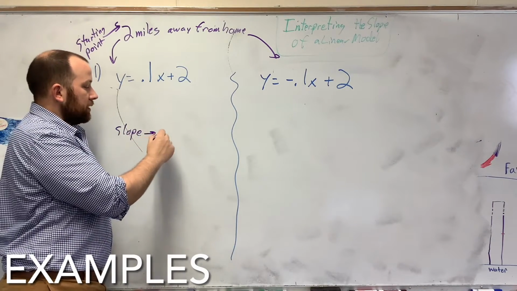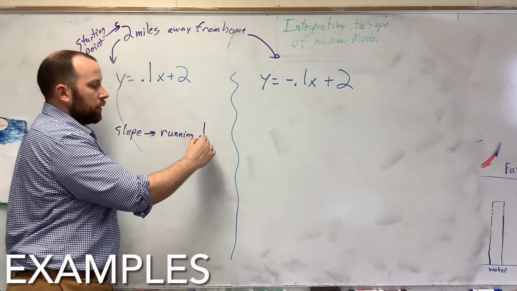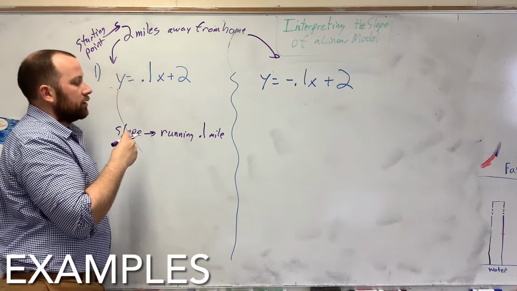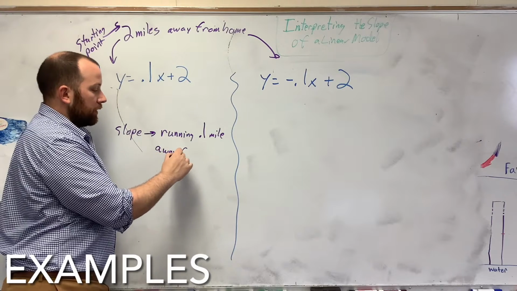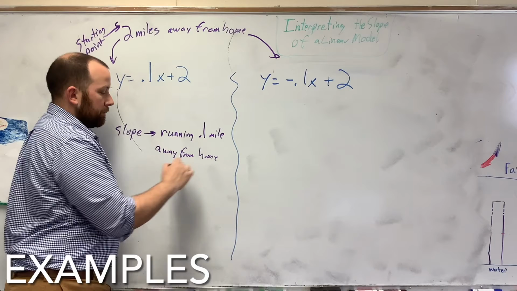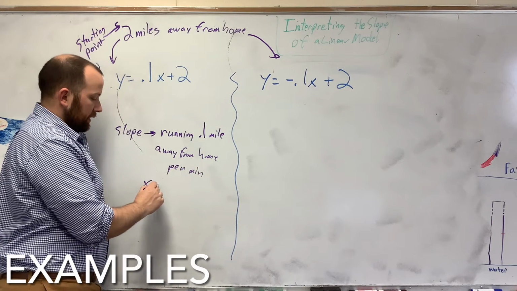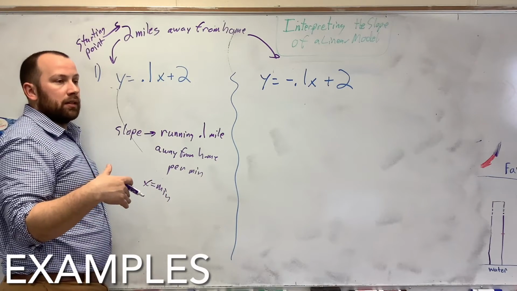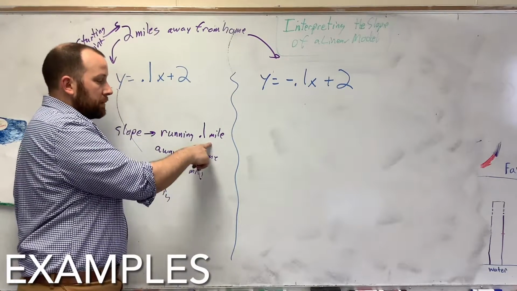That means I am running 0.1 miles away from home per minute. So we'll say the x is minutes. So my slope is how much further I'm getting away from home every minute.